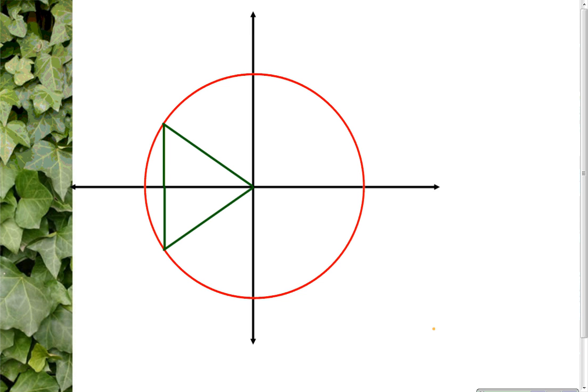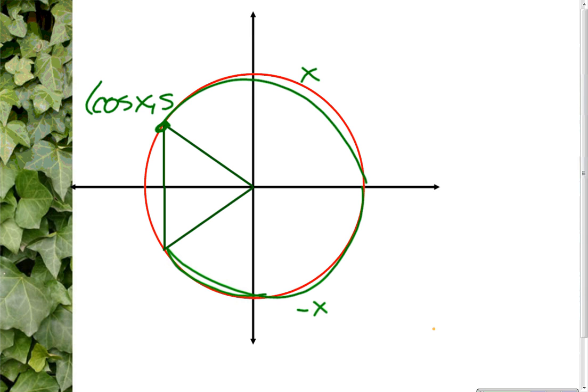Now here, again, real quick, if I've got x, this would be the opposite of x in terms of arc lengths. This point up here would be cosine of x, sine of x. This down here would be cosine of the opposite of x, and the sine of the opposite of x.